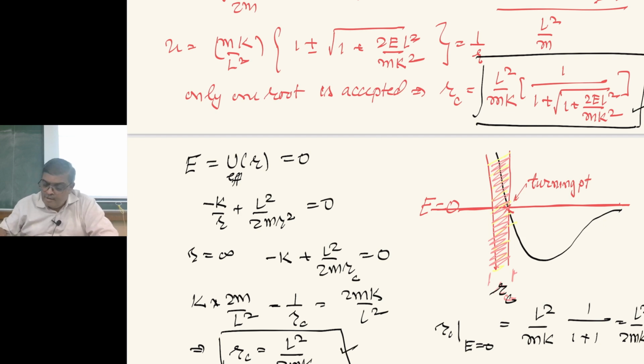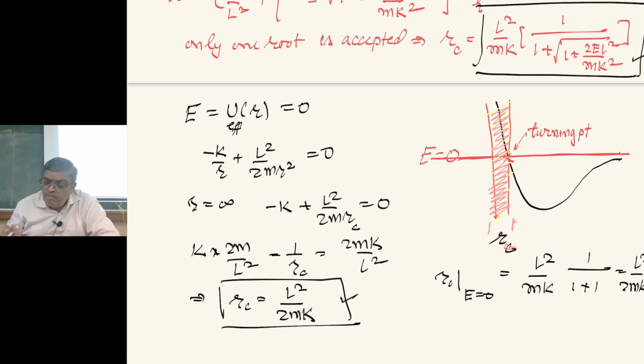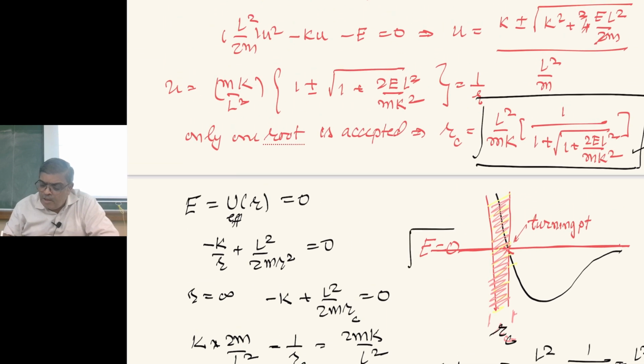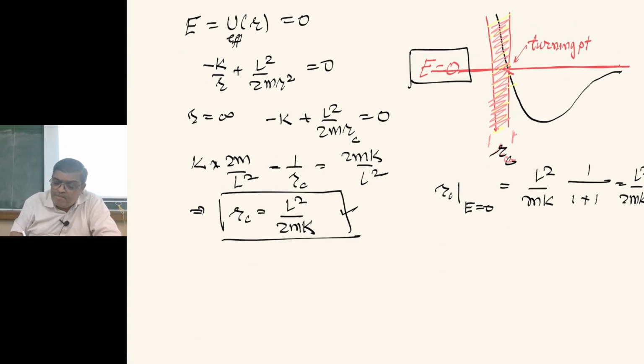Is that okay? Because I'm interested in this problem, E is equal to 0. And the turning points are given by E is equal to U effective of R. Alright, now let us see what happens when E is less than 0.